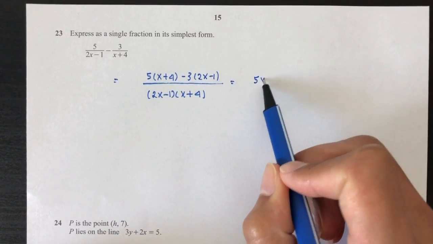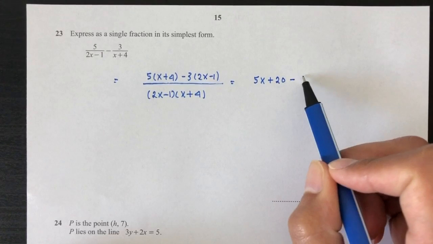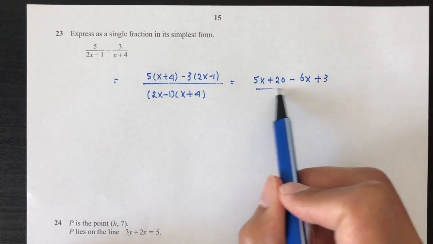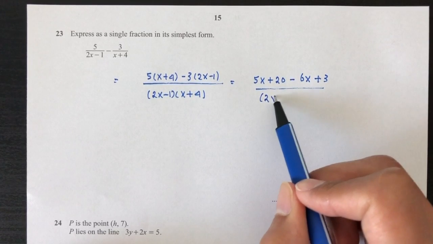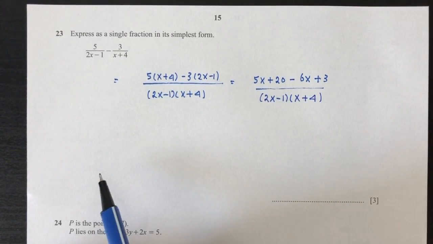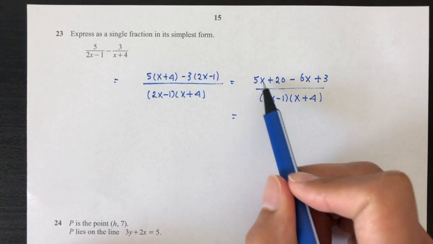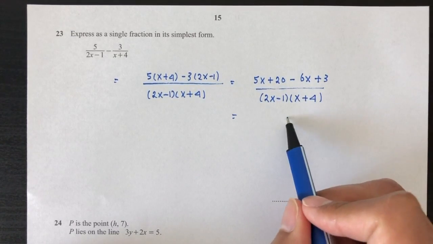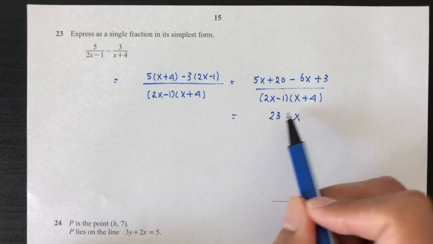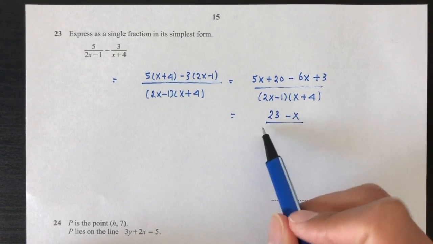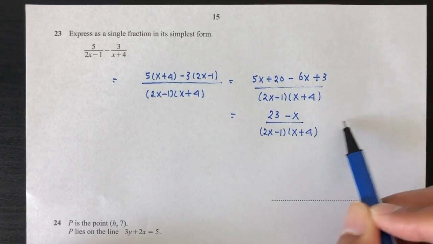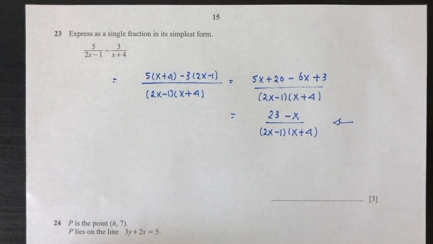You will have 5x plus 20 minus 6x plus 3, divided by, so we can let this be the same. We don't have to expand this one. So let's see, simplify. 5x minus 6x, you have minus x. 20 plus 3, that will be 23, over this one, which is 2x minus 1 and x plus 4. Okay, that will be your answer.